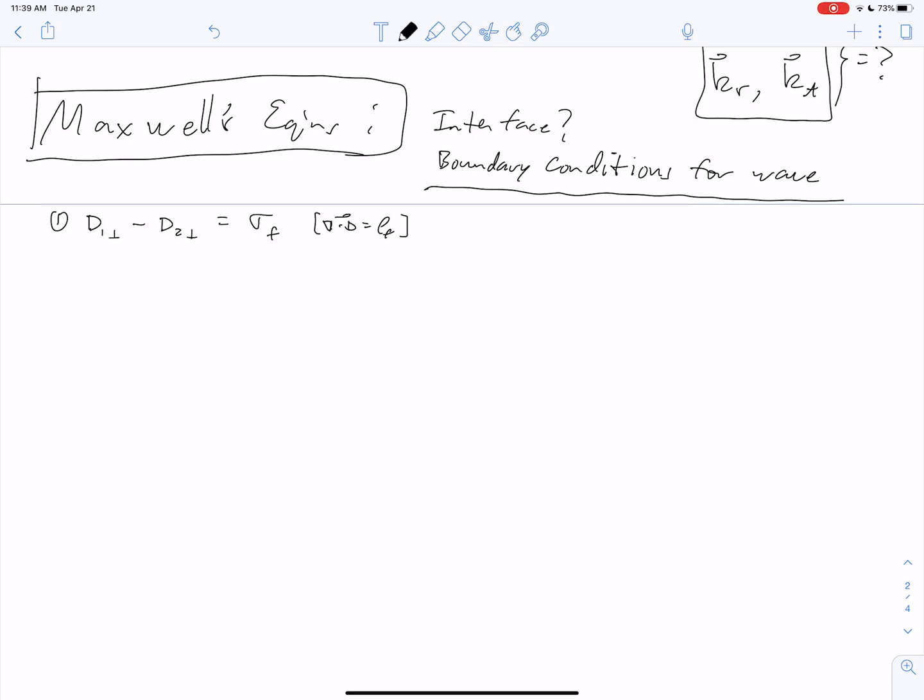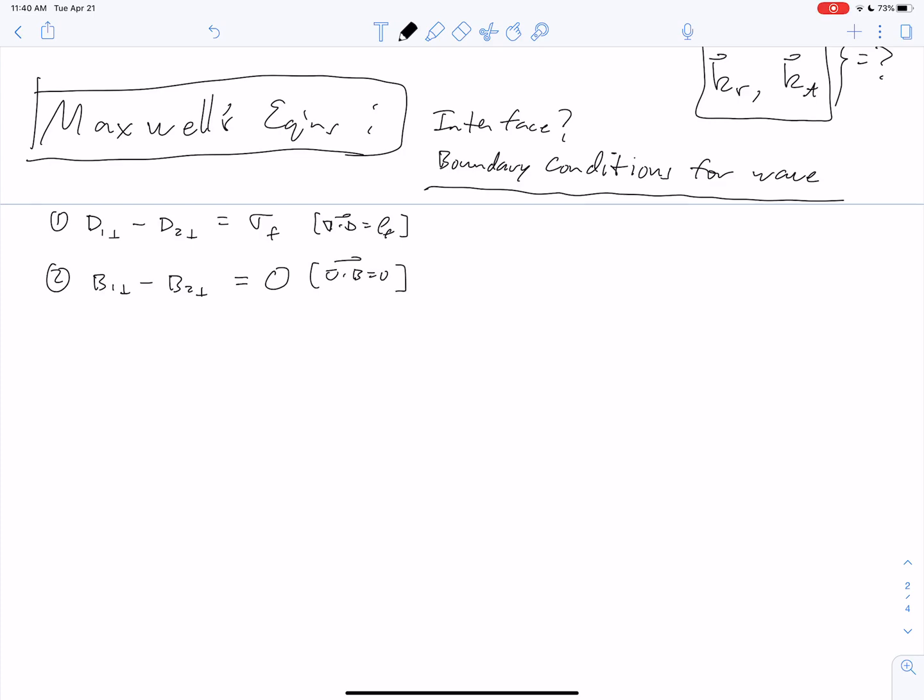Okay, now the second one is B1, the perpendicular component of the magnetic field on one side minus the perpendicular component on the other side is equal to, you guessed it, 0. That came from del dot B equals 0.